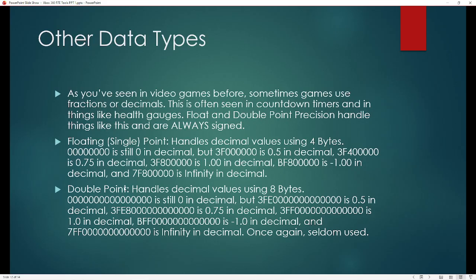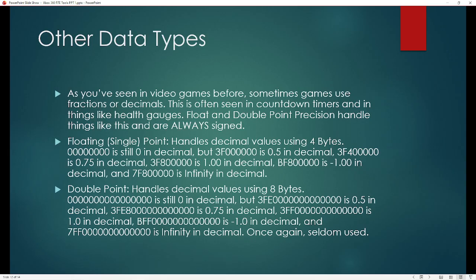Double point handles decimal values using 8 bytes, which allows you to make the fraction more precise in smaller decimal numbers. All zeros is still 0. 3FE is 0.5. 3FE8 is 0.75. 3FF is 1. BFF is -1. 7FF is infinity.